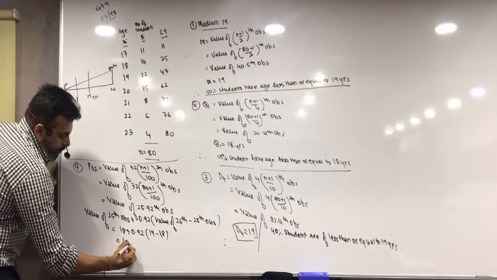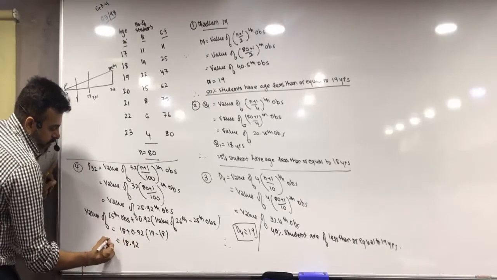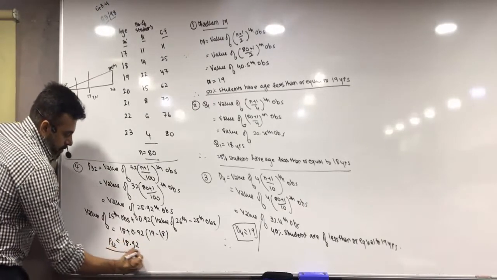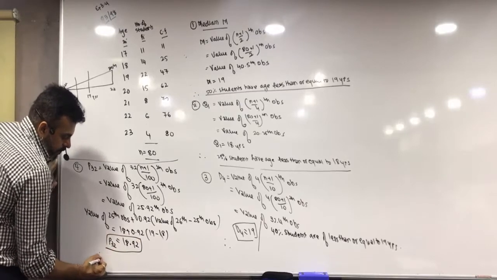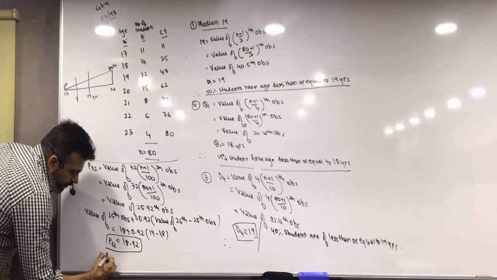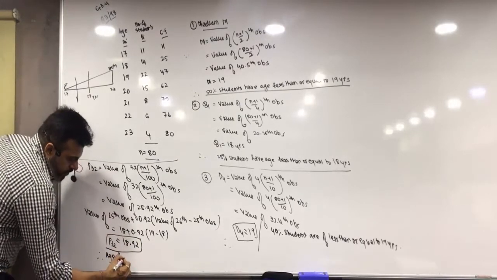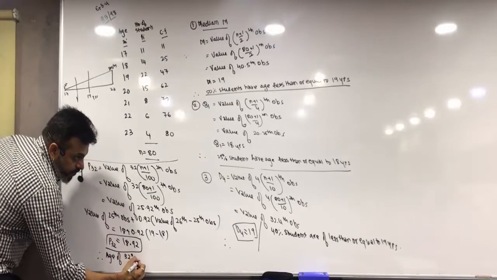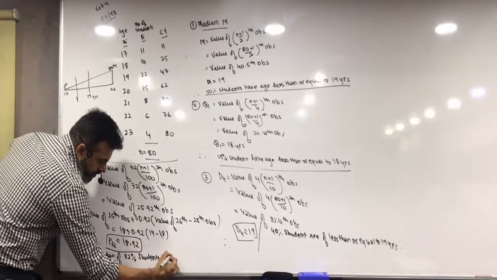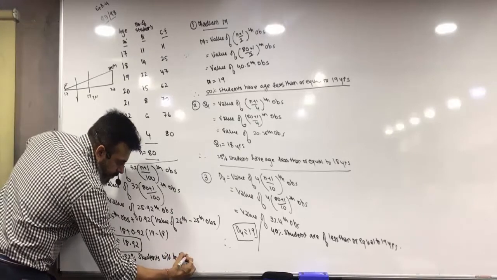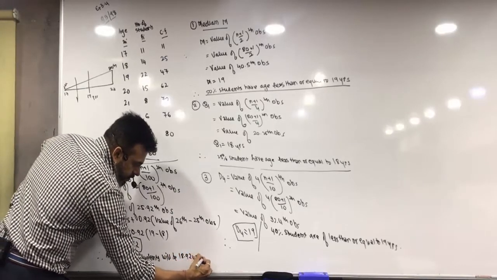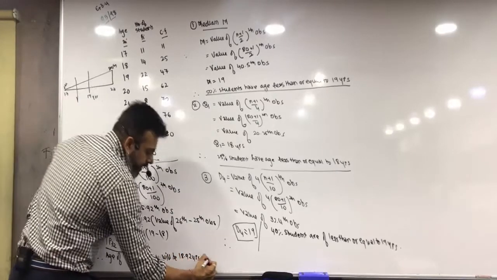So 18.92 is P32. Therefore, the age of 32% of students will be 18.92 years or less.